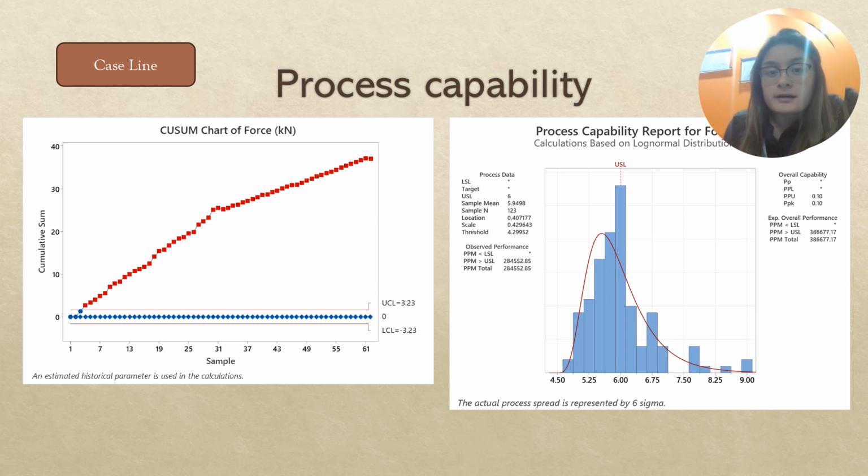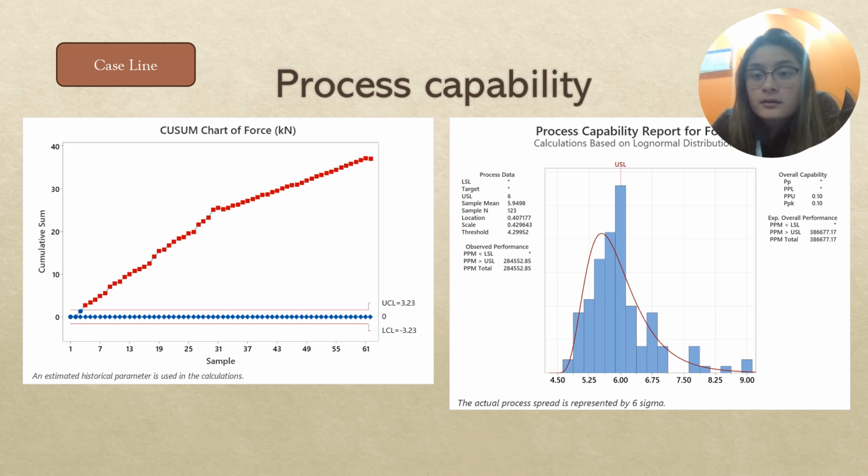And this graph tells us how it is going to behave with the passage of time. And we can see at the bottom of the right side that the exponential overall performance is showing that 28% will increase to 38%.